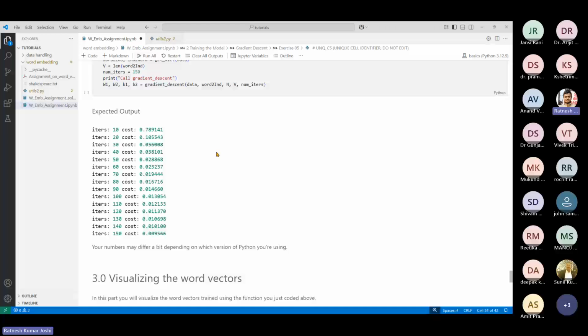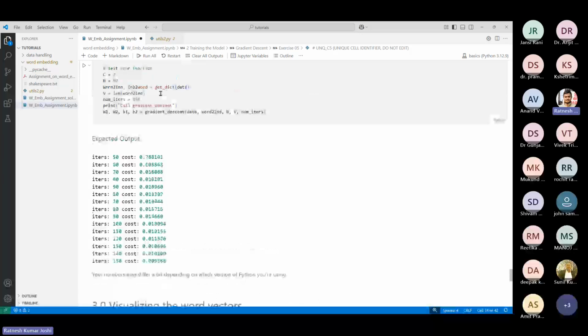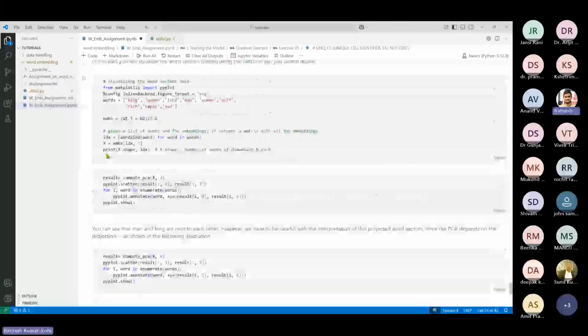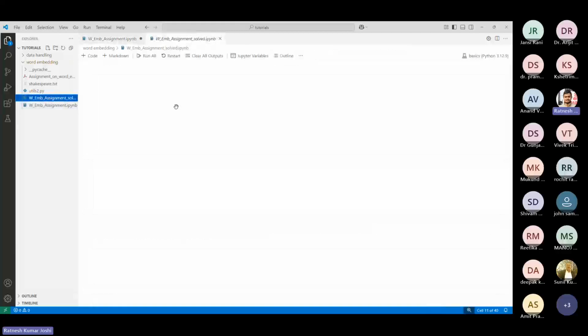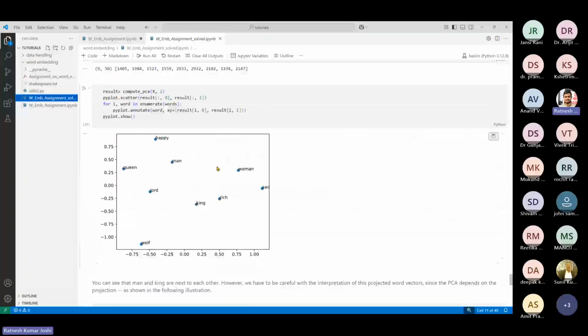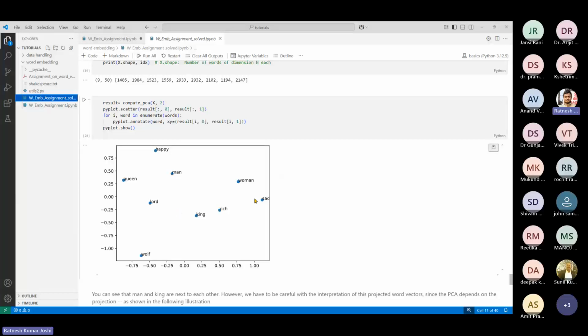After each step, you have to match the output, and the corresponding output of your cell should match the expected output. And once you run your final code, you should get something like this when you run the last cells. You will get a new representation in the vector space for each and every word.